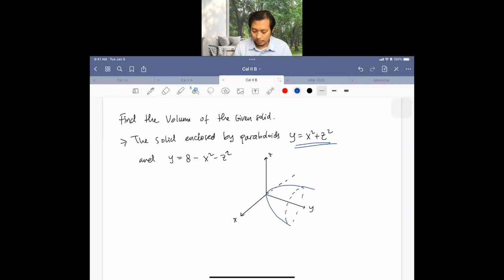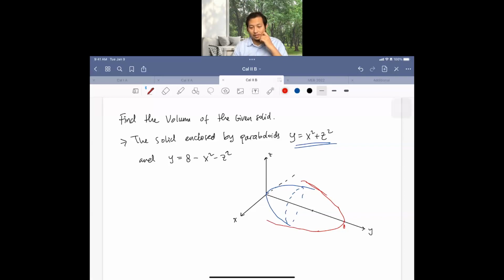Sorry. Now, the other paraboloid should be 8, and then it should go here, right? Too long. Maybe it's a little bit short. Maybe here. That will be the other paraboloid.